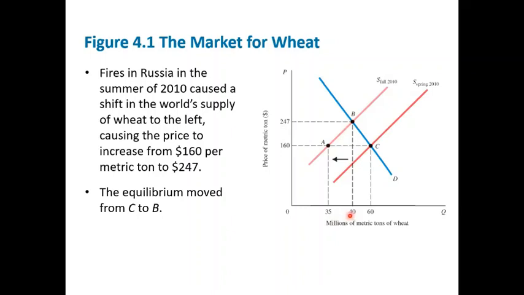However, it didn't get all the way back to where we were at 60 million metric tons, which means there's going to have to be some rationing. So these users on this line segment between point Bravo and point Charlie, these users value their wheat below $247, and they're going to get rationed out of the market.